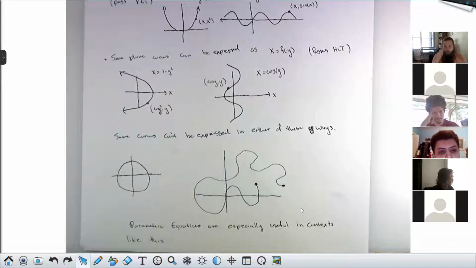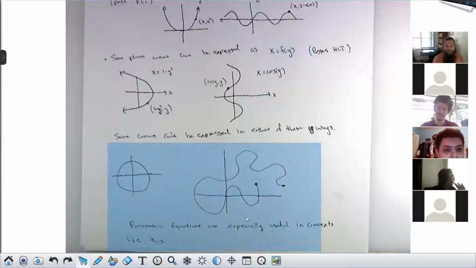Remember what those both mean. If you pass the vertical line test, that means y is a function of x. That means there is, in theory, some expression, f of x, that y would be equal to along this curve. In other words, there should be some way of representing that curve algebraically that is solved for y. If you pass the horizontal line test, there should be some way of representing that curve algebraically that is solved for x.